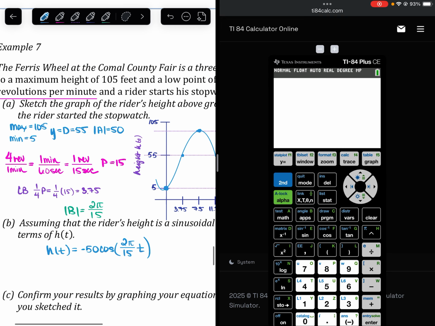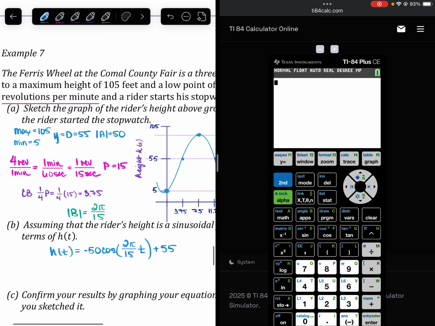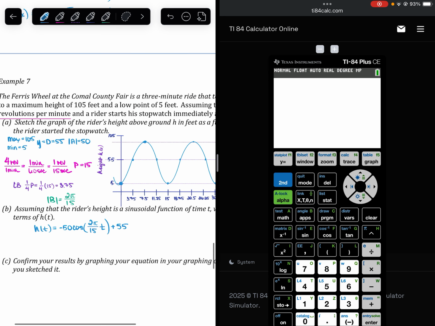And then our axis D is at 55, so plus 55. So there's our equation. Again, if you don't want to do the negative cosine, you could do positive cosine. You would just have to do a right shift over to 7.5. Totally up to you as to how you want to do this.